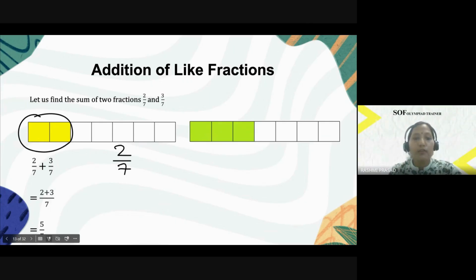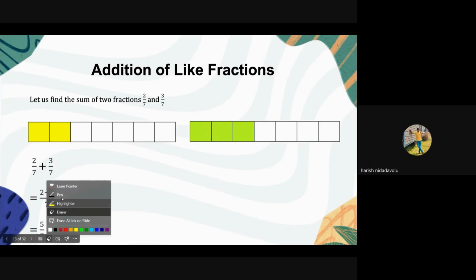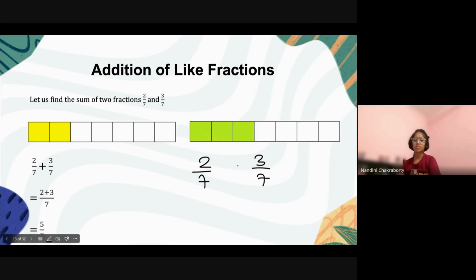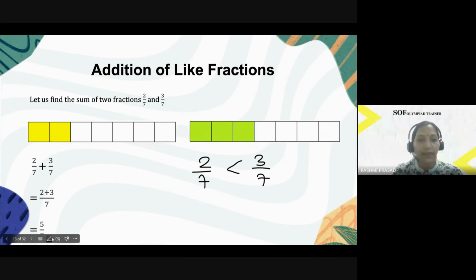Before starting addition, can you quickly tell me, 2 upon 7 and 3 upon 7, which fraction is bigger? 3 upon 7. So we are good with that? Okay, fine. Let's understand how to add like fractions.